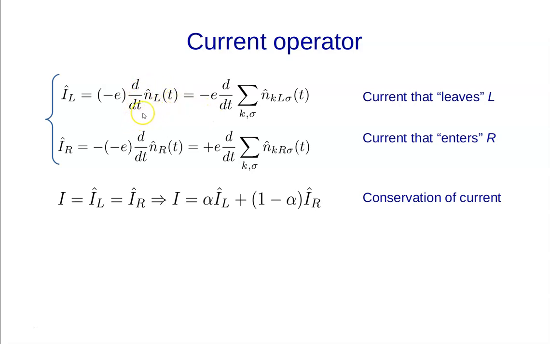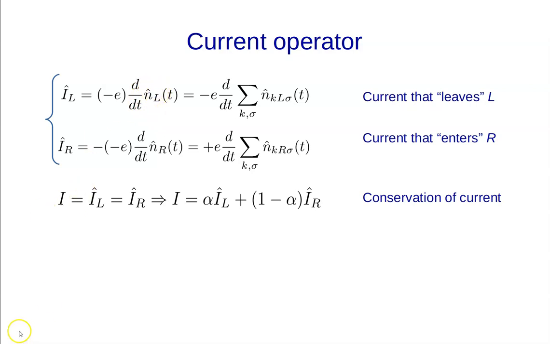Now, since the total charge has to be conserved, I need the time derivative of the number of electrons in lead L plus the time derivative of the number of electrons in lead R to be zero, so this should be minus this, so that the derivative of the total number doesn't change.